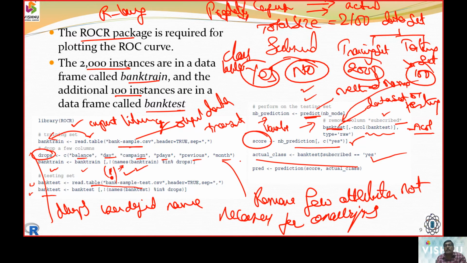So the name of that variable is going to be the actual_class, and it is going to be taken up from the subscription value as S. So the person, if he has taken a bank deposit, we call his subscription will be true, that is yes. If the person is not taking a subscription, then we call it as false. So that is where we call yes for true content.